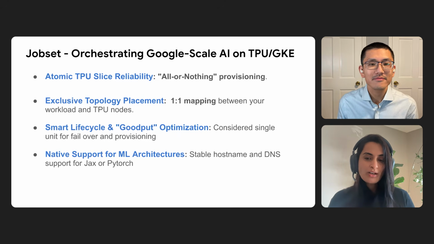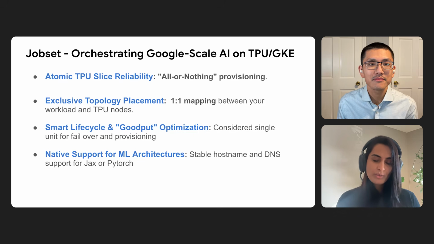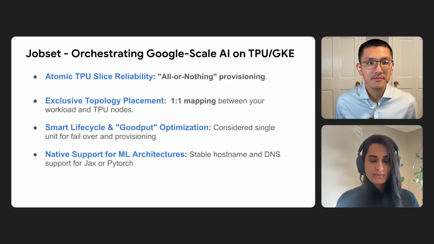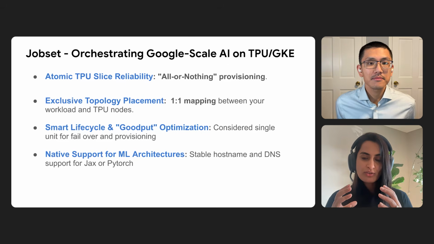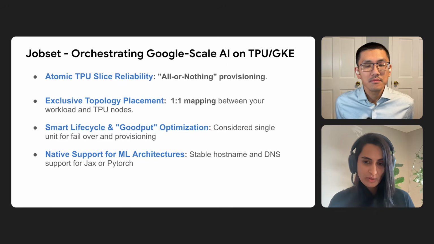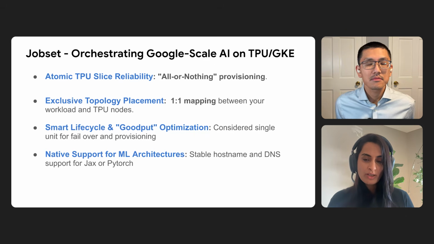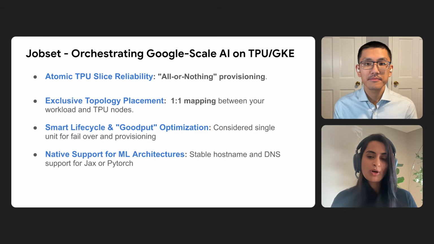JobSet provides us all or nothing orchestration. As TPU comes in slices, GKE understands the JobSet that it needs to schedule on all the chips to maximize utilization, and all the chips are monitored along with your JobSet as this one single atomic unit, and also scaled accordingly.